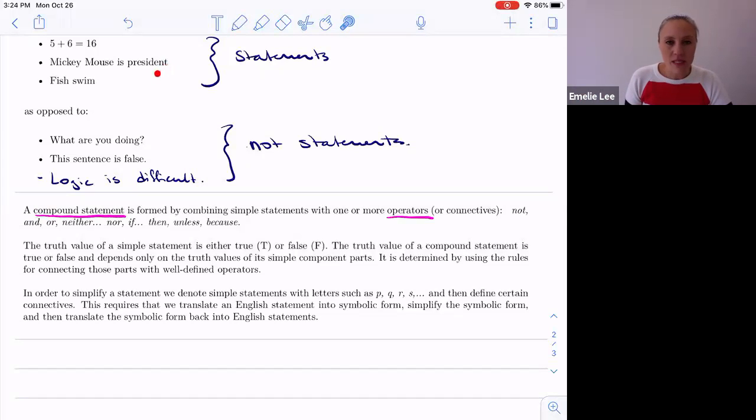Just like a statement has a truth value, it's either true or it's false. We can find the truth value of a compound statement by looking at how these things combine. That's where we're headed in this chapter, which we'll spend this week on, chapter 3. So hang tight.